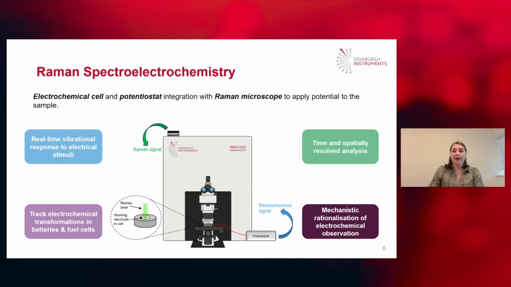This allows real-time vibrational response of the material to an applied electrical stimulus, and we're able to track electrochemical transformations in our energy system. It provides time and spatially resolved analysis, and it allows us to understand the mechanics behind the electrochemical observations we're seeing.